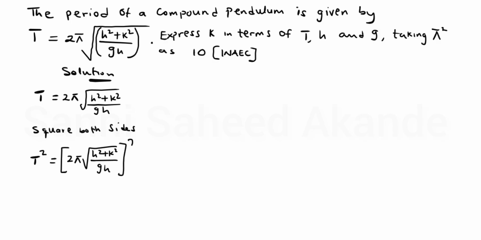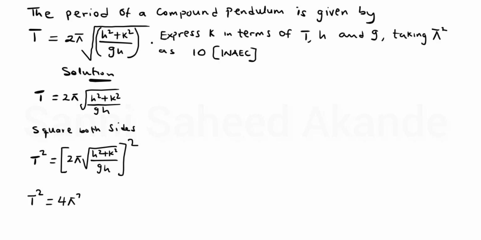Okay, so when you do that, you will now have t squared is equal to, see this power of 2 here, 2 pi will share it, then the square root of h squared plus k squared over gh will also take part of it. Then when you apply that, you have 2 squared is 4, then pi squared.